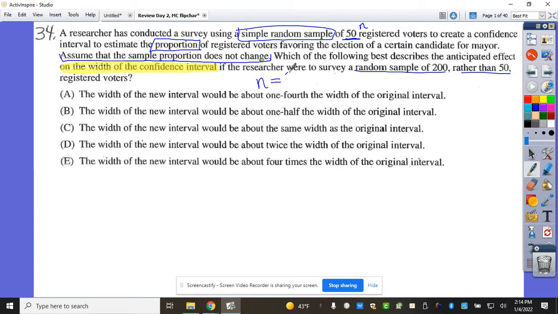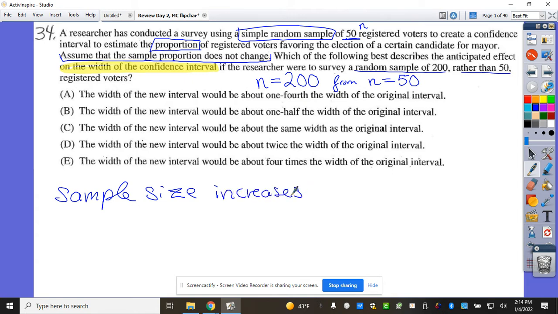So now we're going to have n equals 200 instead of n equals 50. So what happened? What did I change? Sample size. What did I do to the sample size? Increase it 4 times.